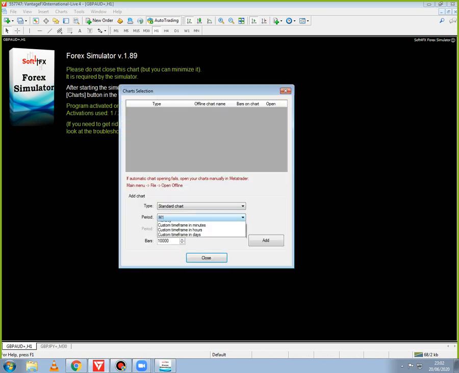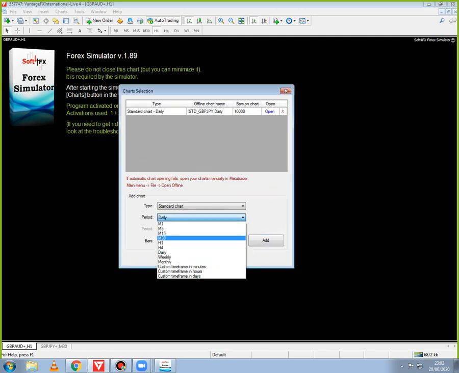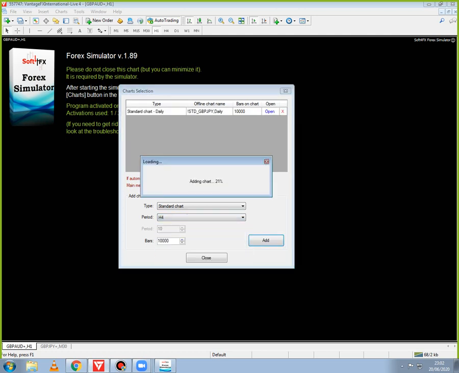First of all, we're going to pull up our chart. We're going to have the daily time frame, the 4-hour time frame, 1-hour time frame, and the 30-minute time frame.